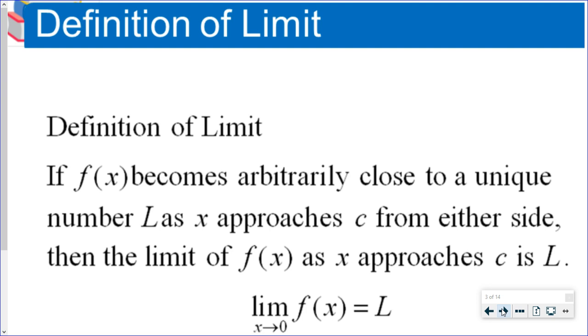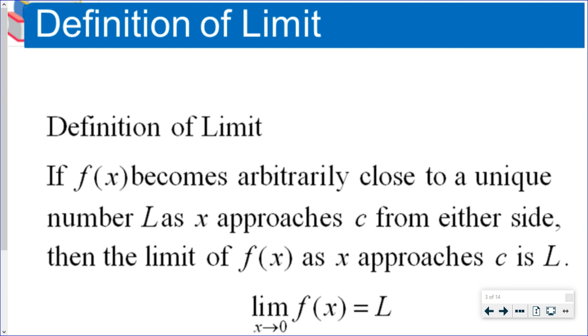It says if f of x, which of course is just our y, becomes arbitrarily close to a unique number L as x approaches some number c, from either side, then the limit of f of x as x approaches c is L. They call it c just because it can be any number. It doesn't have to be the same number each time.